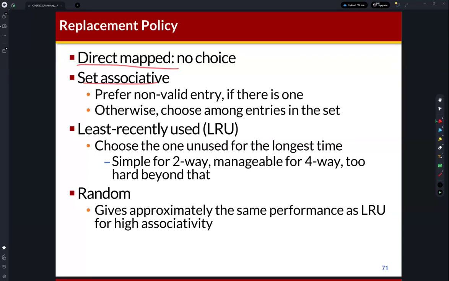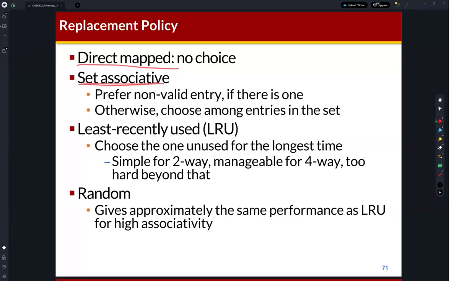The set associative cache is the same, okay? We can identify the target set, but if all blocks of this target set are valid and the request misses in the cache, then we need to evict one of the valid blocks. That's why we require the replacement policy.